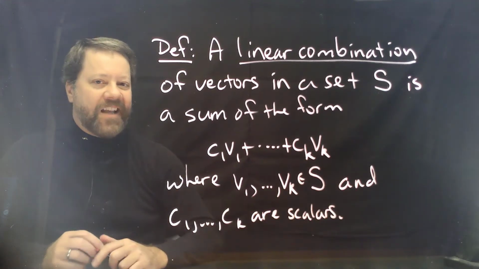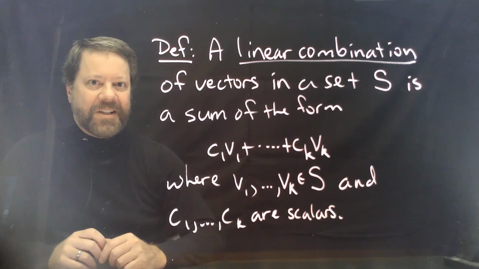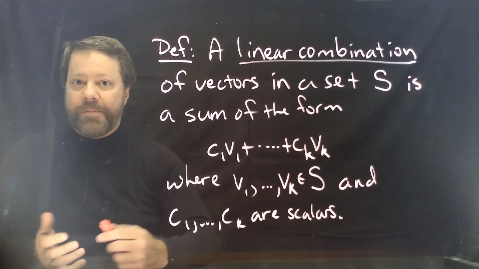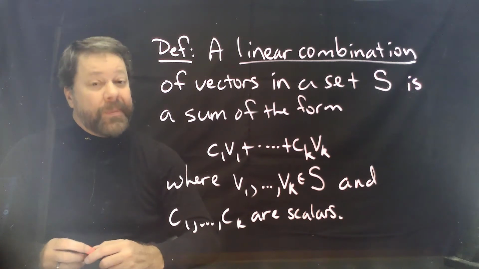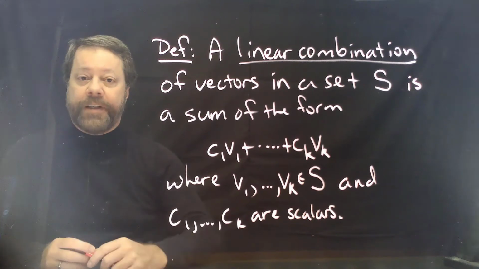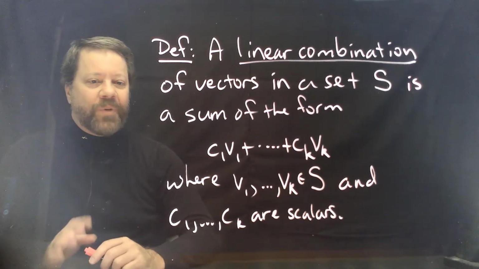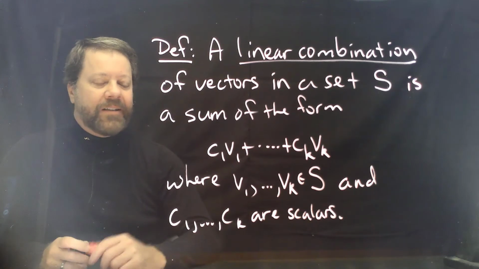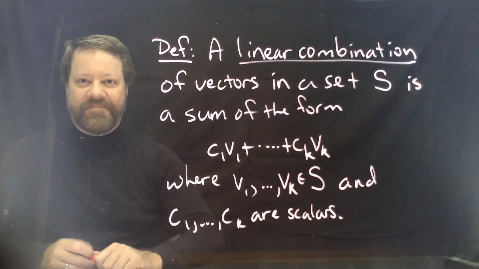I'm allowing these scalars to be real numbers, for instance, if the field over which the vector space is defined is the real number system. It can also be complex numbers, or it could be elements out of a different field. But we're not going to get too far into the algebra here. We're just going to talk about scalars.